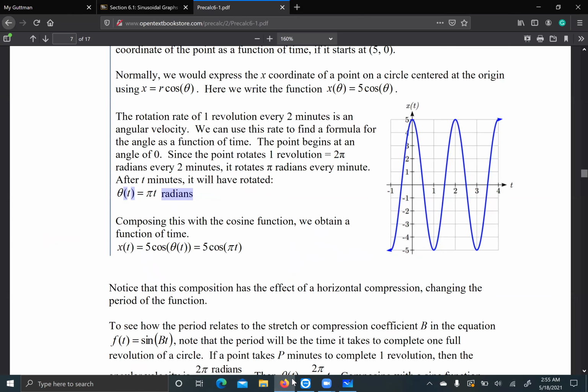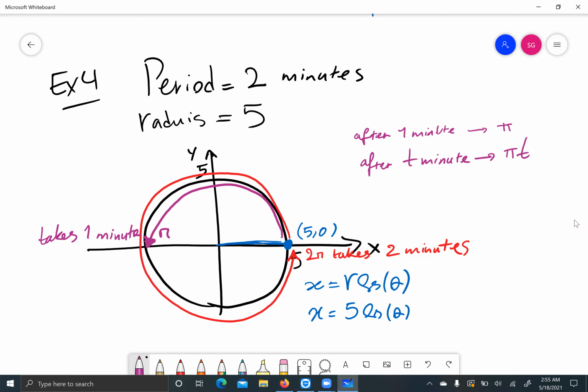That's pi t, it doesn't matter. Okay, so that's it.